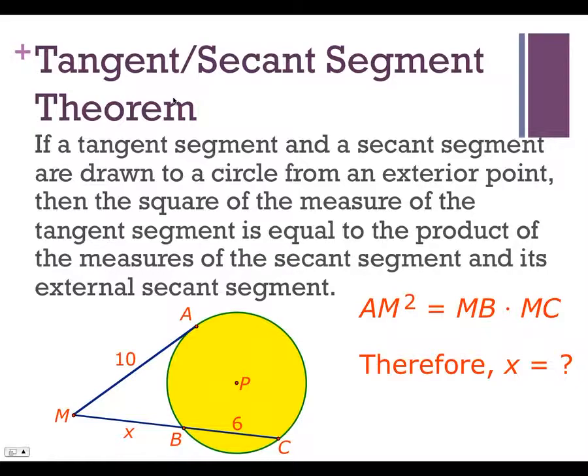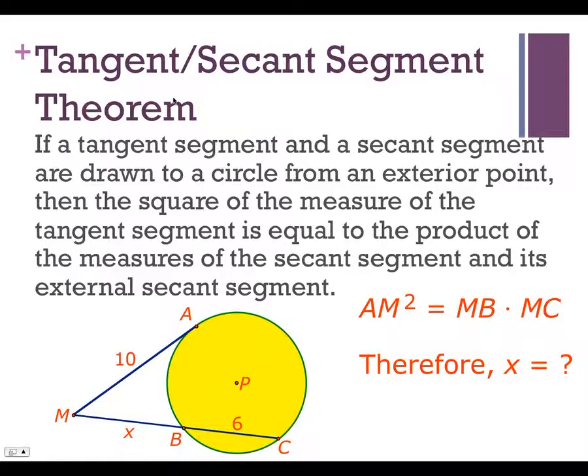How'd you solve it? 10 squared equals 6x. No. Because it'd be 10 times 10. That is 10 times 10, yes. And then 6 times 6. Ooh, 6x, what are you talking about? It would be x. Emma, what do you got?